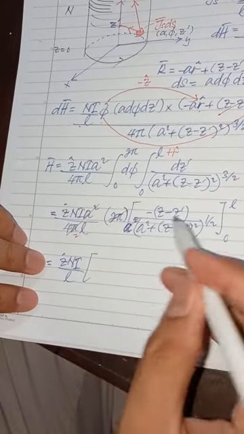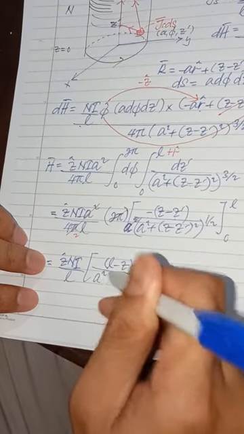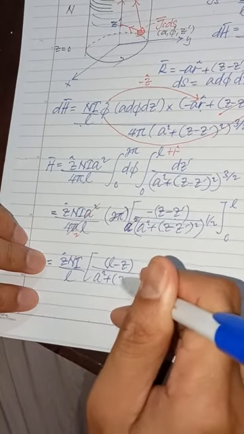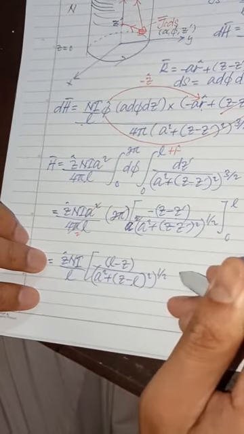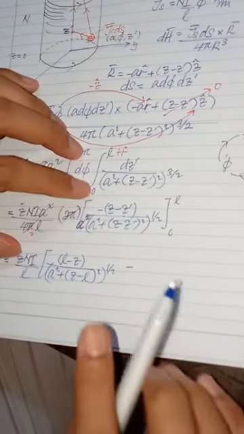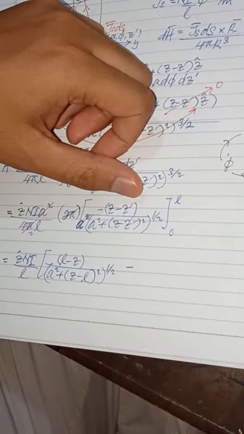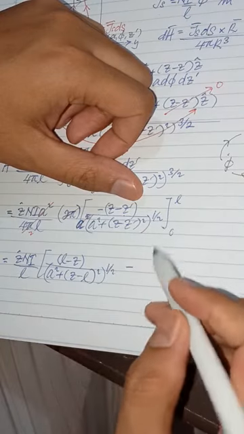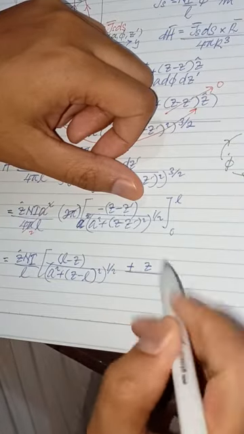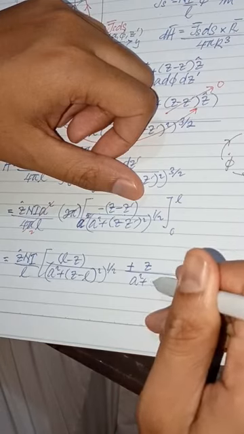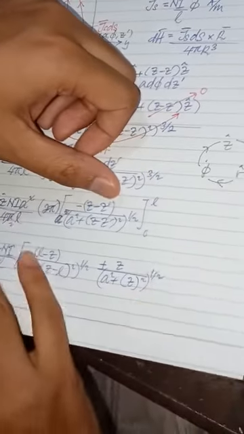So what do we have here? The L minus z over the square root of a squared plus z minus L squared, minus, so this one we know that actually z prime minus z, so plus z, right, over the square root of a squared plus z squared.